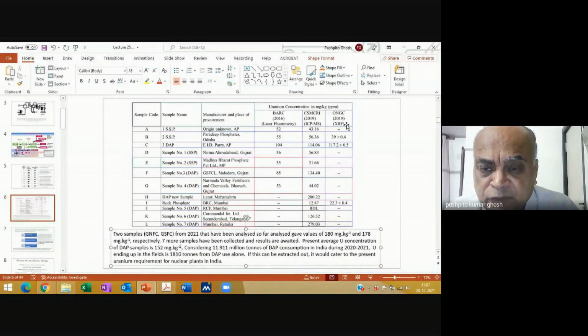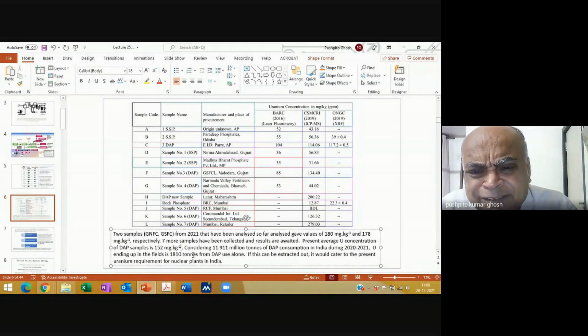these are real numbers. Now, this number of 1810 tons, just to tell you that in India, all the nuclear power plants that we have today, including the ones which are under construction, the total amount of uranium, natural grade uranium, which is not enriched uranium, natural grade, which has only about 0.7% of uranium-235.